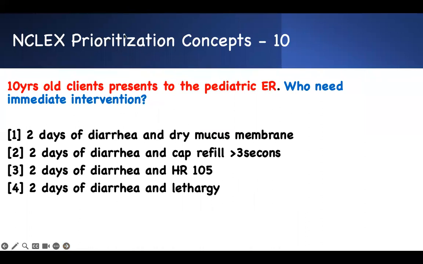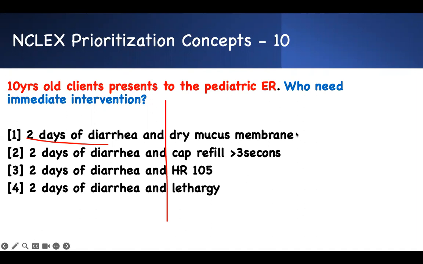Number 10. What do you have? 10-year-old clients present to the pediatric emergency room who need intervention. They are all 10 years old, and they all have 2 days of diarrhea. So don't worry about it. Then you look at the concept base of what you think. If they all have diarrhea, they are dehydrated.